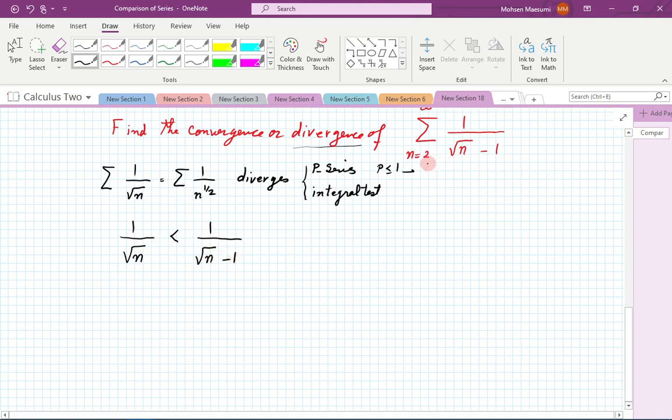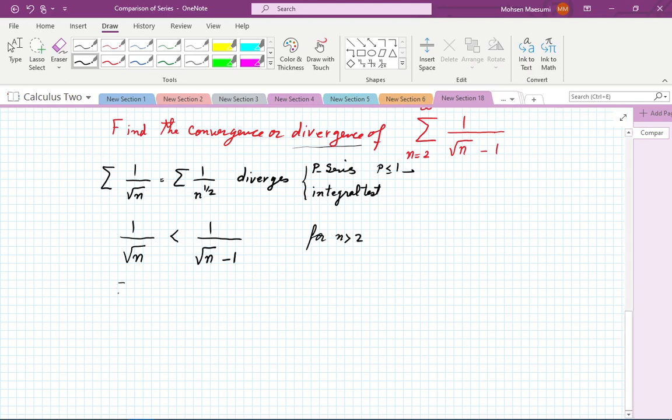For n's 2 or larger, I can have that this term, so again we are staying away from division by 0 and such. So staying at n larger than 2, this is a true statement. Why is that so? Well, if you subtract something from the denominator of a fraction, then the fraction gets bigger. Is that right? This denominator is smaller than this denominator, so the fraction is bigger. And I know this smaller sequence leads to a series that is going to diverge.